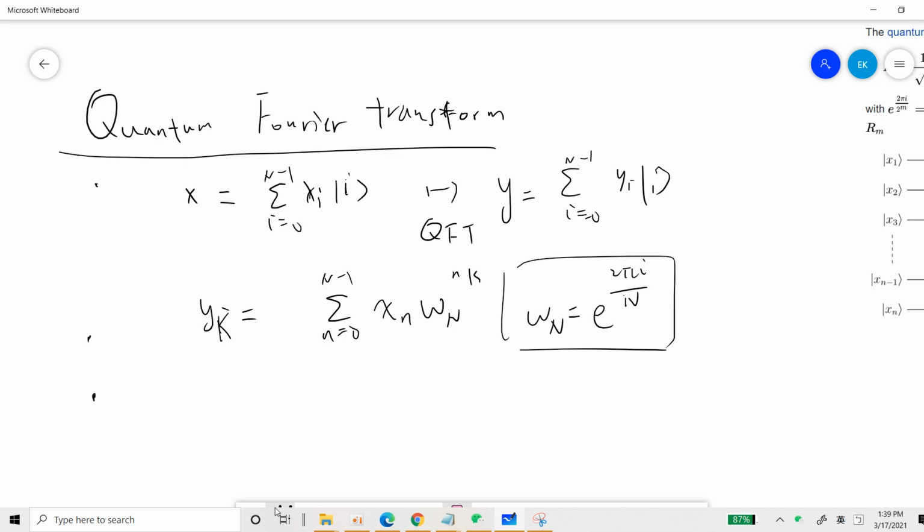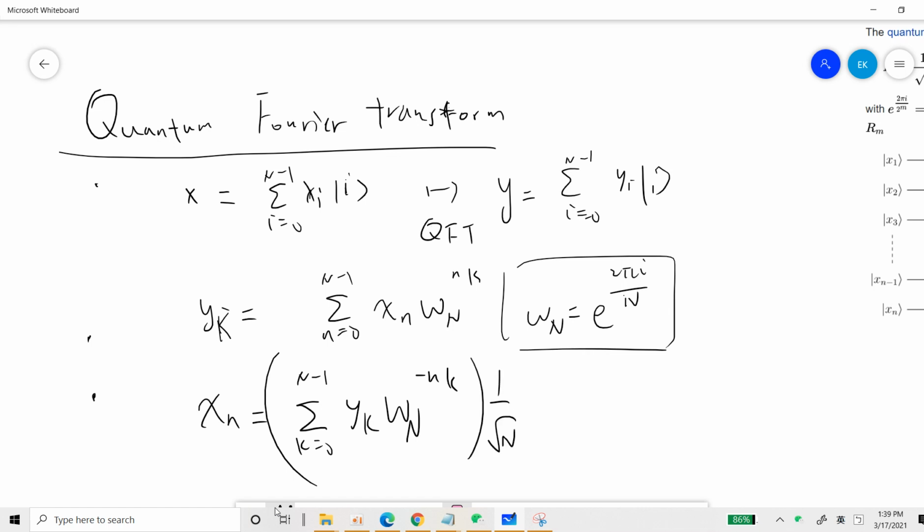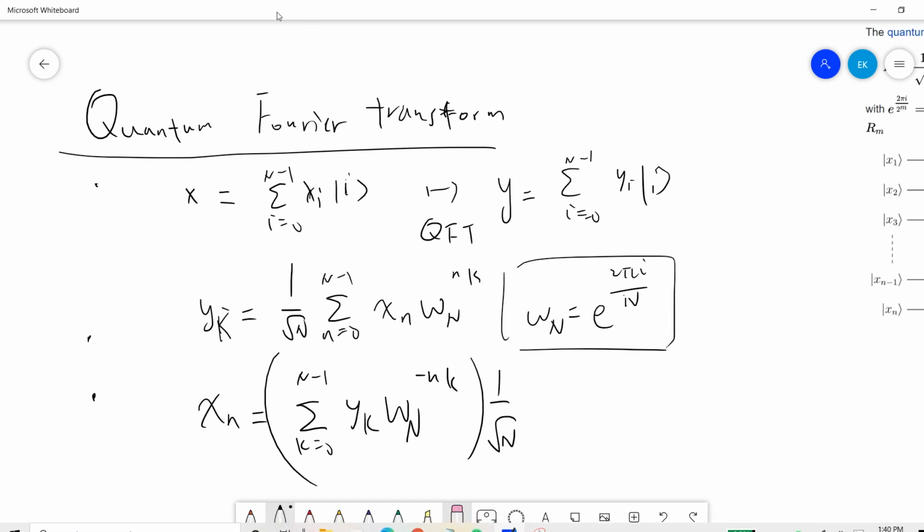And the inverse Fourier transform is that x_n is equal to the sum over k from 0 to N minus 1 of y_k ω to the minus nk, with a square root of N normalization. It's easy to prove that these two are inverses of each other. Okay, sorry, there's a square root of N here. So this is called the quantum Fourier transform.